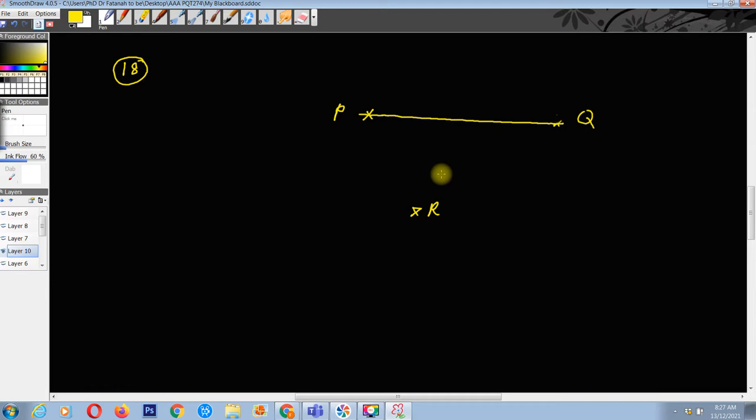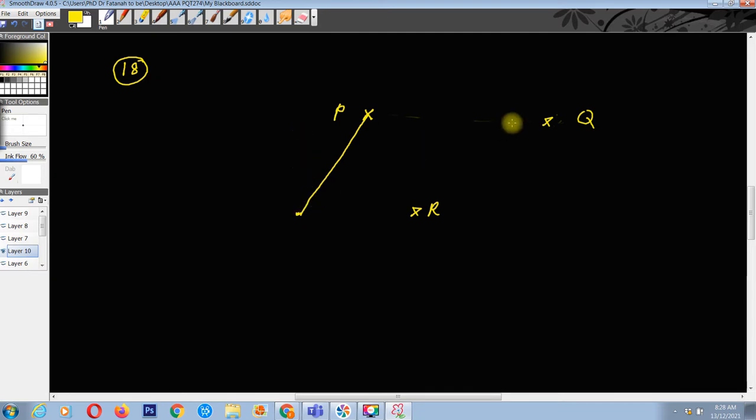So now find the equation of the plane passing through the points P, Q, R. We want a plane that is passing through this line. If we put this first, this is from 0, right?